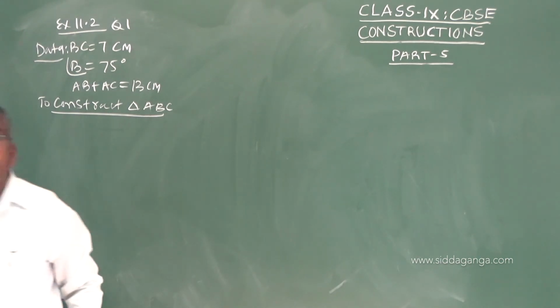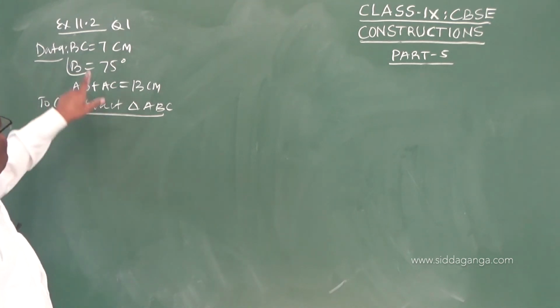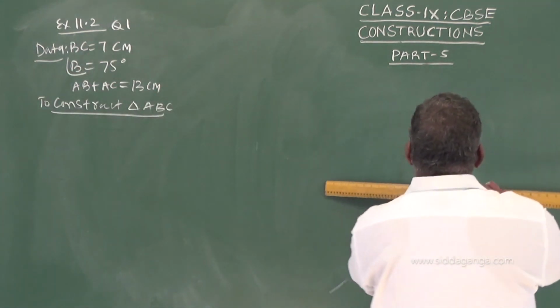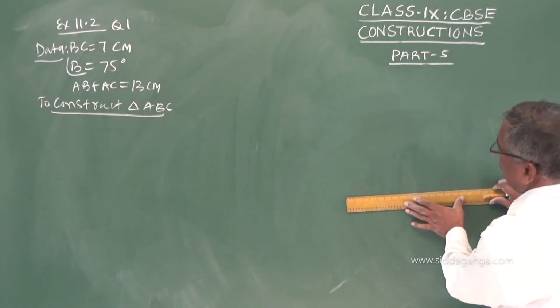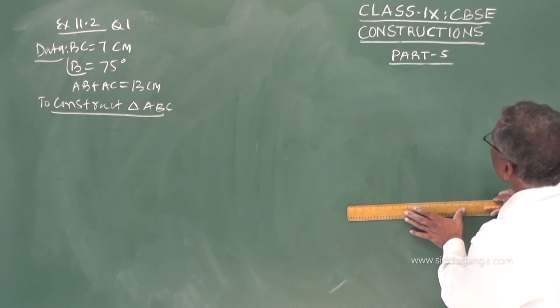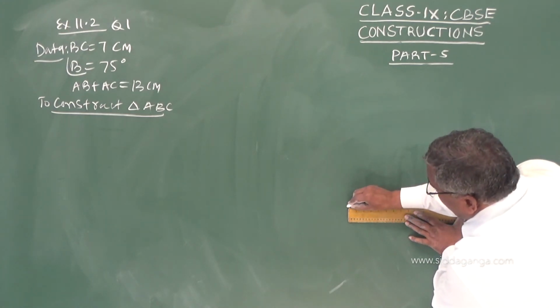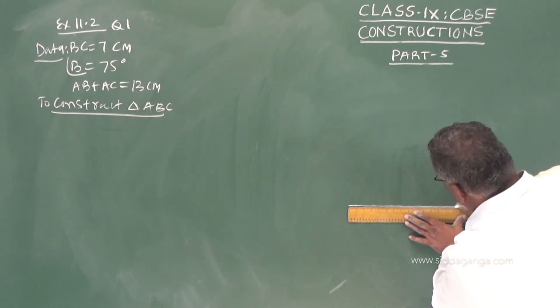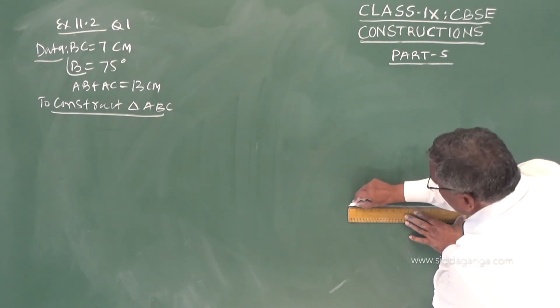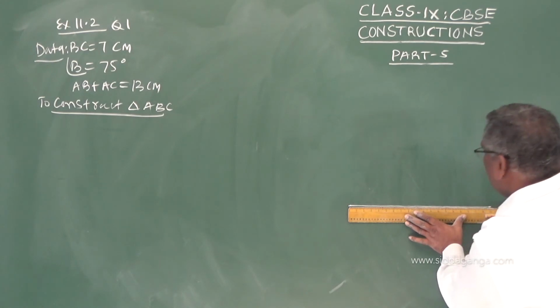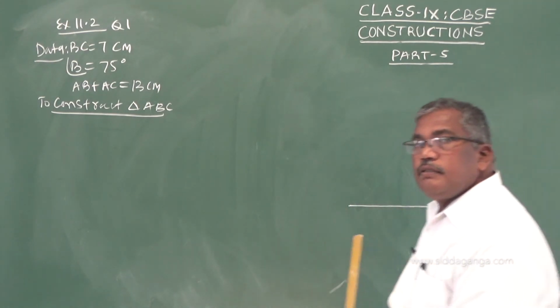Now the procedure, we know the procedure now. First we have to draw BC equals 7 centimeters. You have to use the scale and take 7 centimeters.